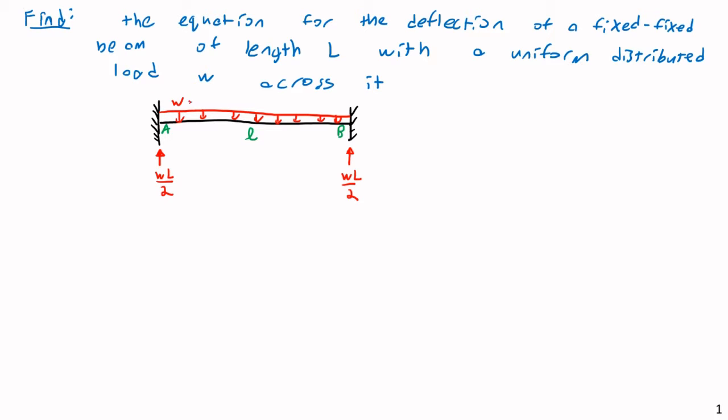So I have a uniform load W across the top of the beam, and that would be in kips per foot, or pounds per foot, or pounds per inch, or newtons per meter, or whatever this might be. But then I would also have some sort of moments on the left and right-hand sides. So, because these are fixed supports, let's say I have an MA here, and an MB.